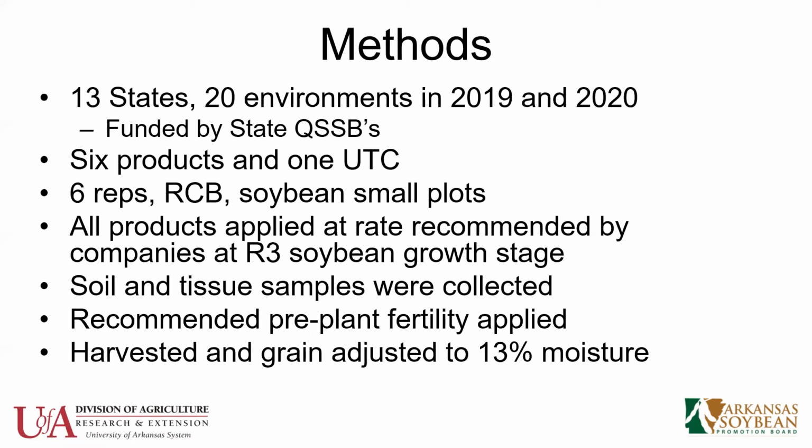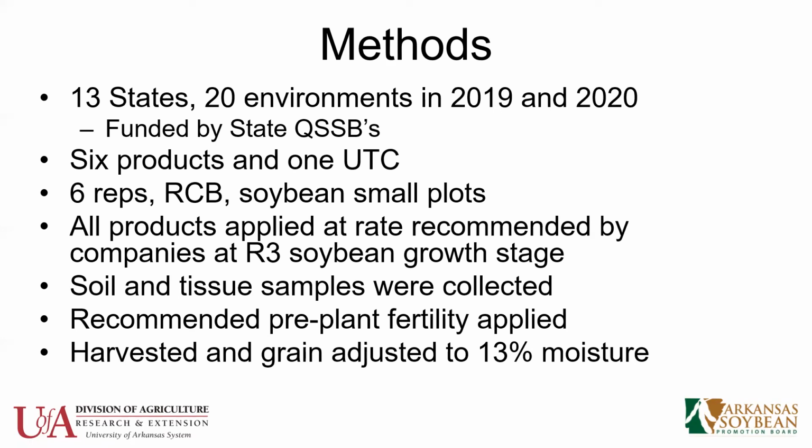We evaluated 6 different foliar products from 4 companies. We approached several companies to participate, and these were the only ones that elected to provide products for this test. Each company made the decision on which product to test. The trials were small plots with treatments arranged in a randomized complete block design, and each treatment replicated 6 times.